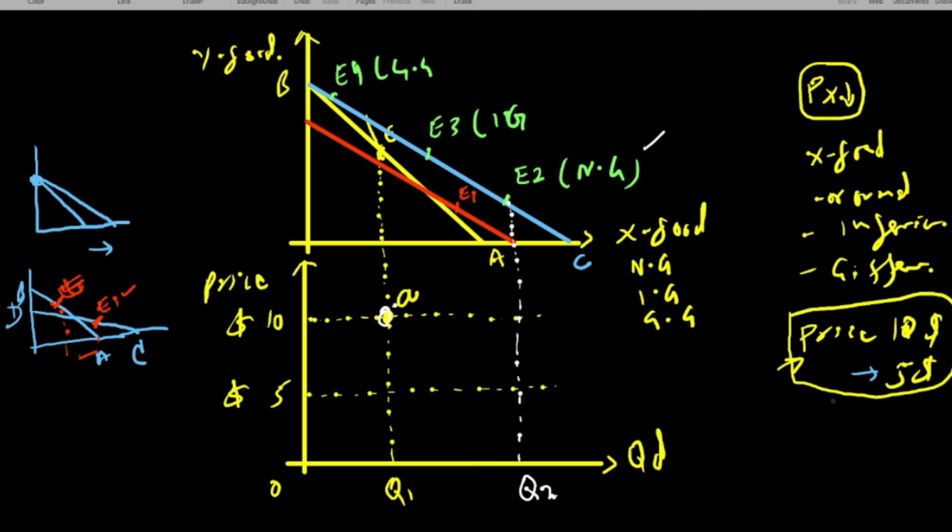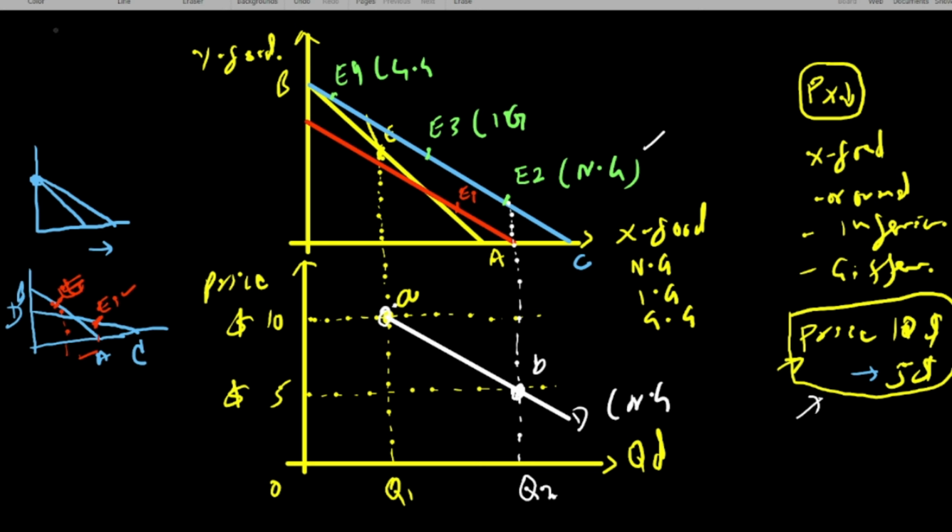Since we assume that price of normal good has decreased from $10 to $5, this perpendicular intersects $5 price at combination B, right? So if we join point A and B, we get a negatively sloped demand curve, that is for normal good.